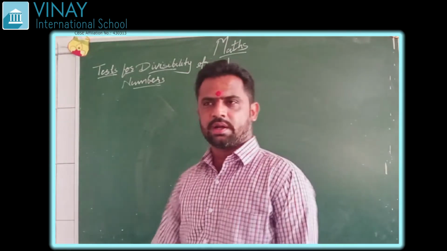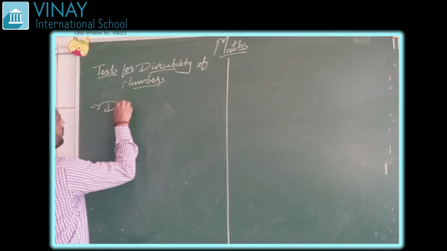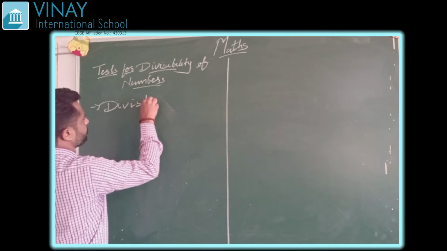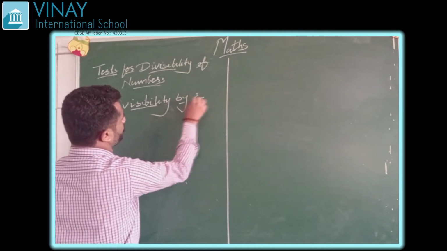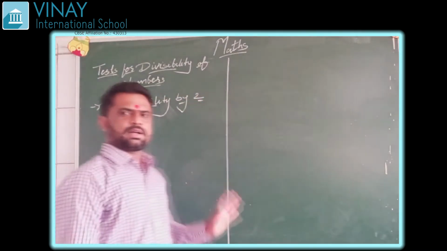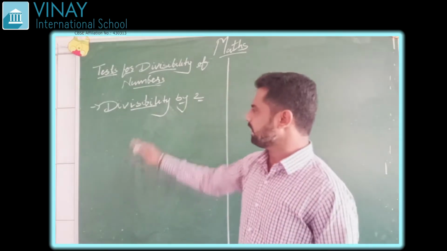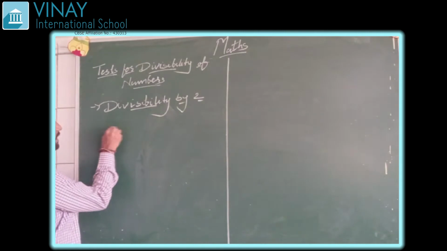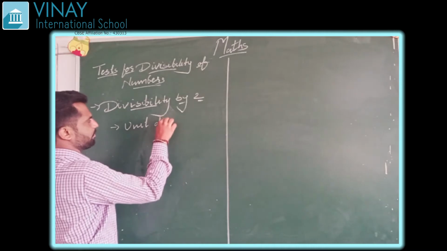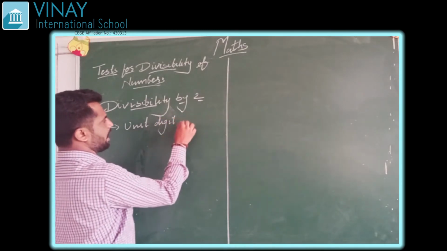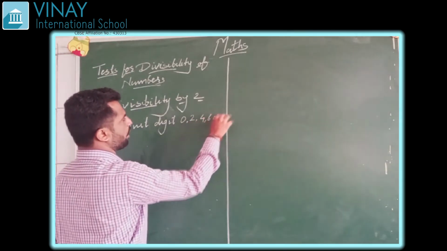Let us begin with divisibility by 2. Any number is divisible by 2 if its unit digit is either 0, 2, 4, 6 or 8.